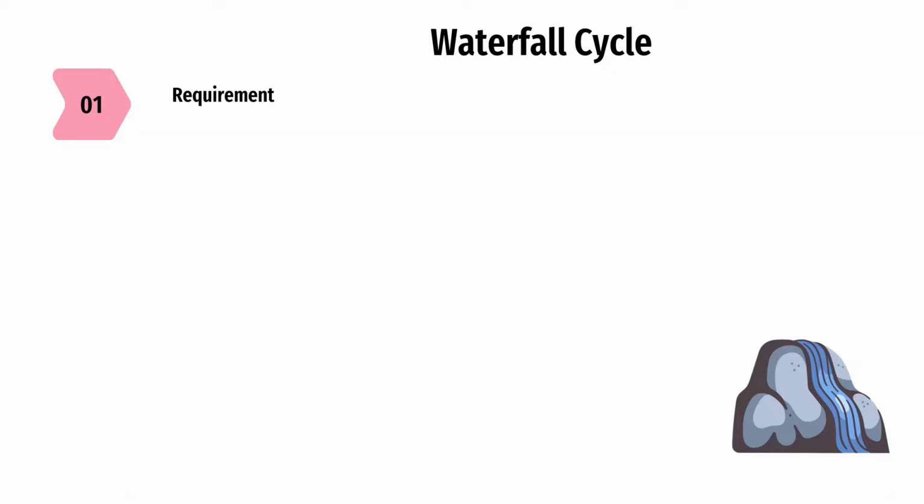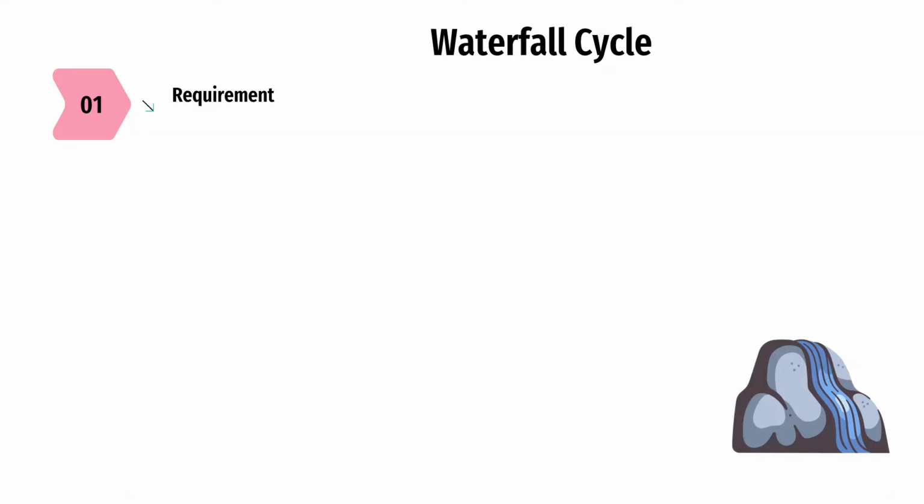The first one is the requirement phase. The waterfall methodology is aligned with SDLC. Whatever phases are available in SDLC will be there in waterfall, but there is a slight change, and that's the unique waterfall methodology definition.